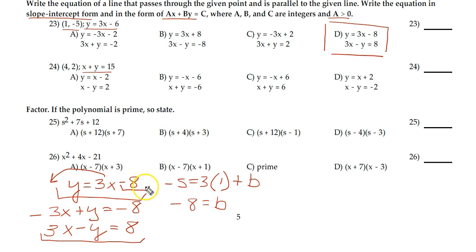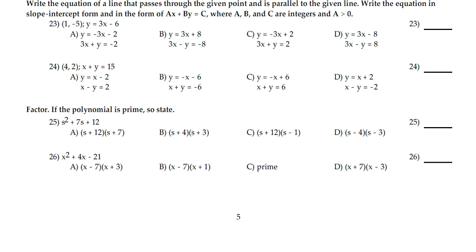Okay, you see it. Now we're going to do the same thing with 24, but we'll clear this up. So here for 24, we have to find what is our slope. So I'm going to solve for the letter y by bringing over this x.